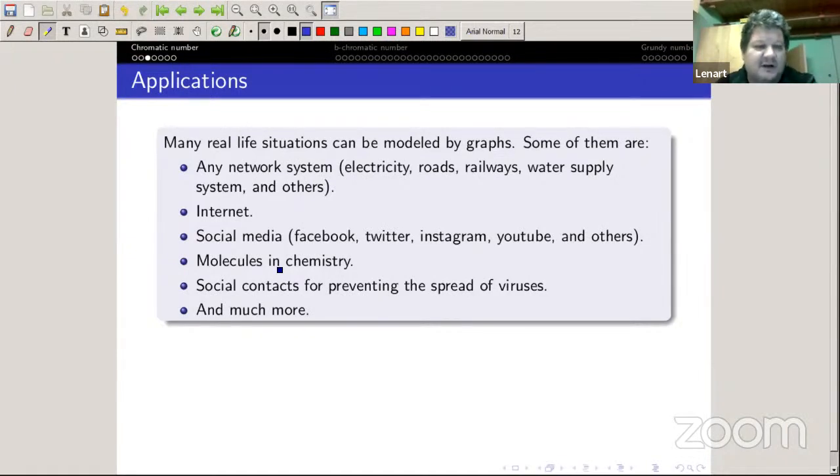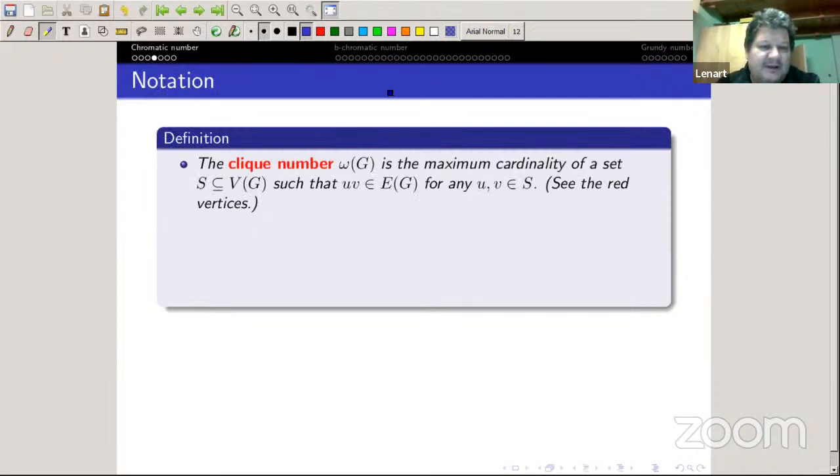This is just a short introduction, but now let me give some notation which will be important later. We will need the clique number, denoted by omega of G, of a graph G, and this is the maximum cardinality of a subset S of vertices such that between any two vertices of S we have an edge.